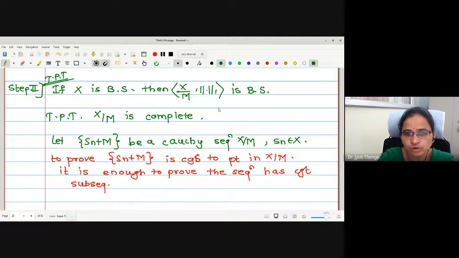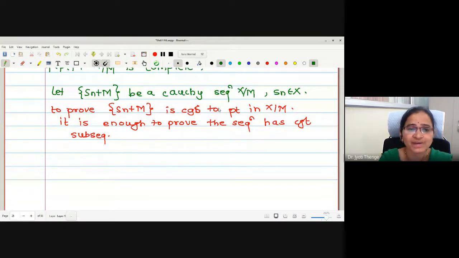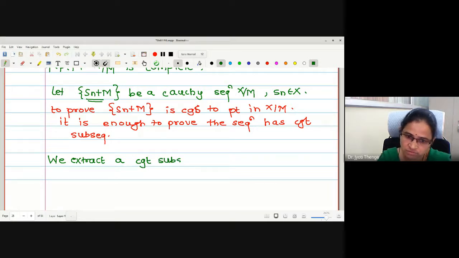Therefore, what we will do? We will construct or we will extract a convergent subsequence from the sequence Sn plus M. Here we will write: we extract a convergent subsequence from this sequence.